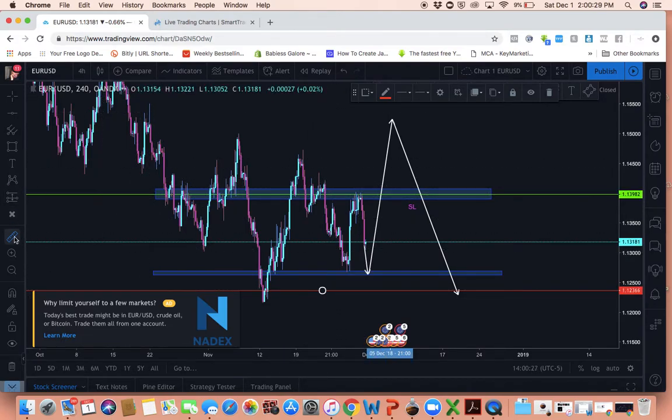And the reason why there's multiple TPs is because of the trailing stop loss. That's what it is.